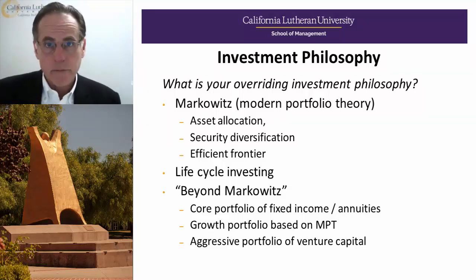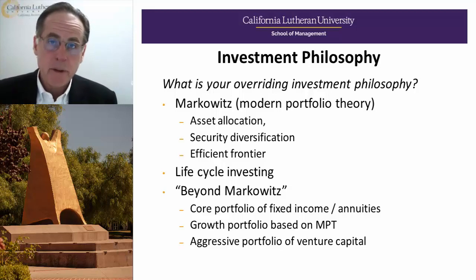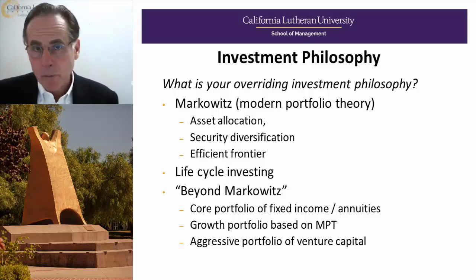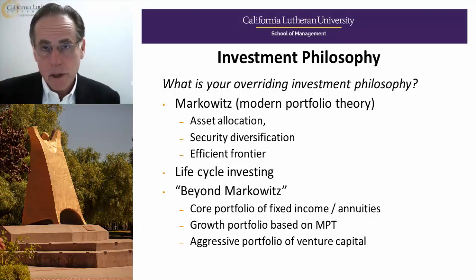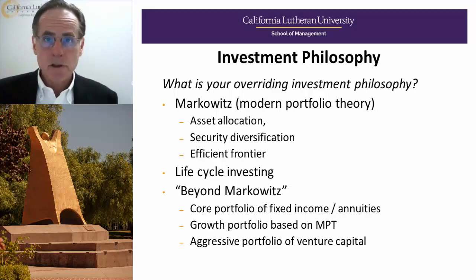Then there's a growth portfolio based on modern portfolio theory, and finally a small percentage of the assets can be put into a very aggressive portfolio that the author refers to as aspirational, and that could be venture capital, a privately owned business, that sort of thing. So again, you need to be starting from here in developing strategy.